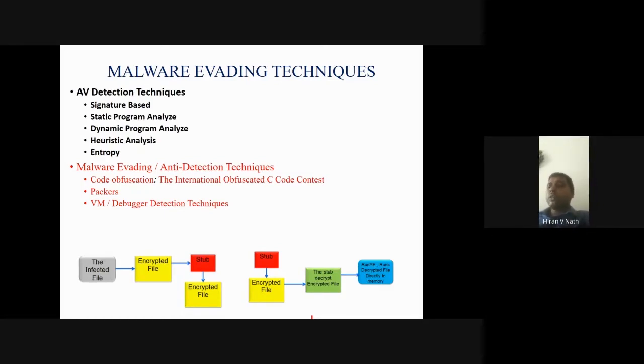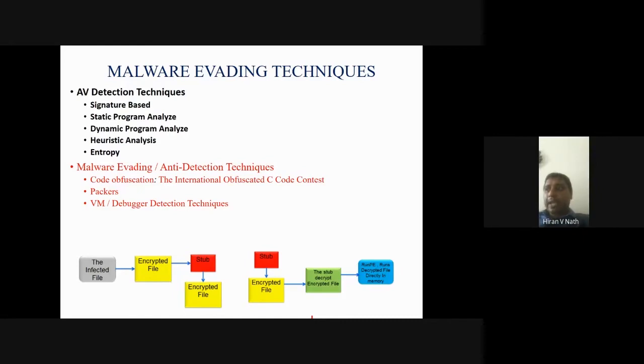That's why there is the concept of code obfuscation, and every two or three years there may be a contest where the best code obfuscation techniques get an award. You could search for it and find out.